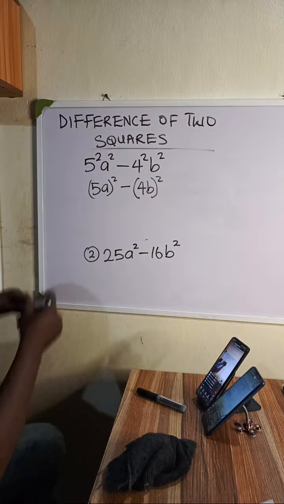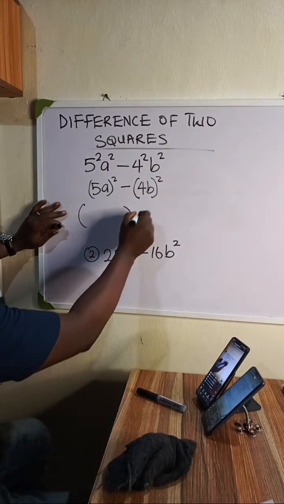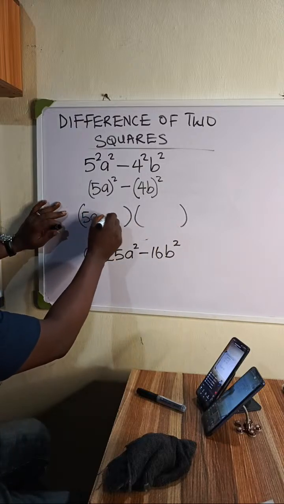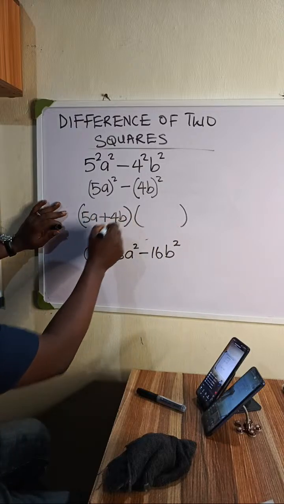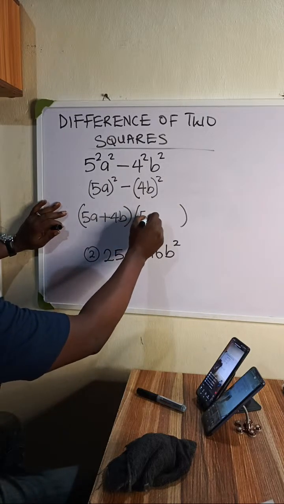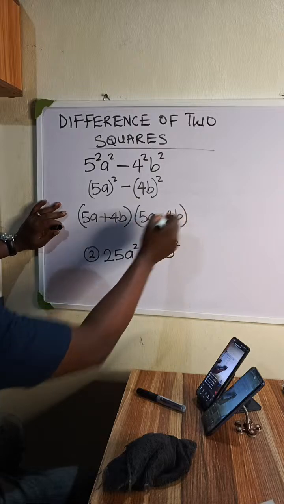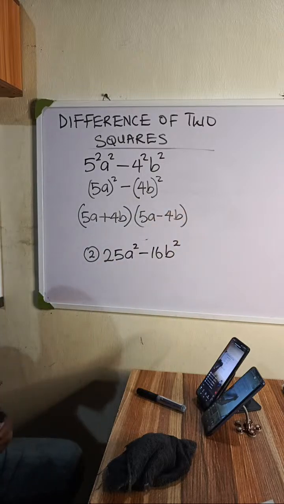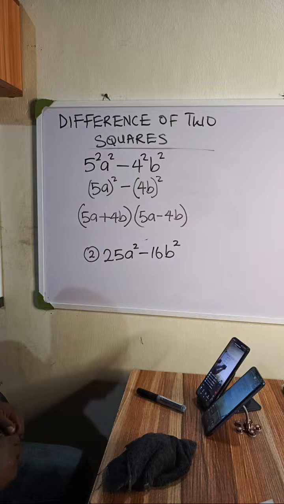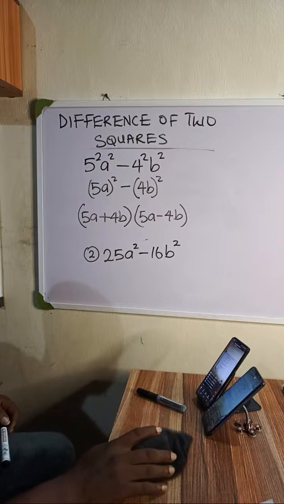So we can simply write 5a plus 4b into 5a minus 4b. And that will be the answer. Very, very simple. Okay. Well done, guys.